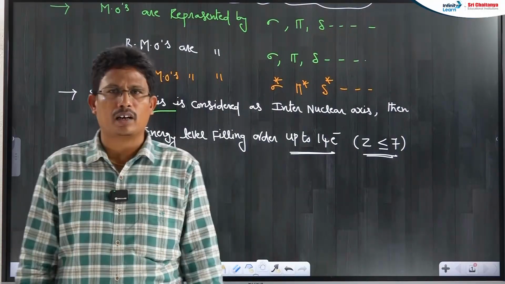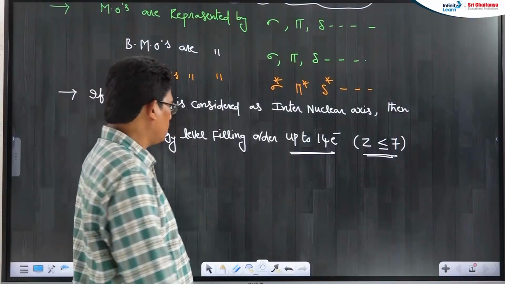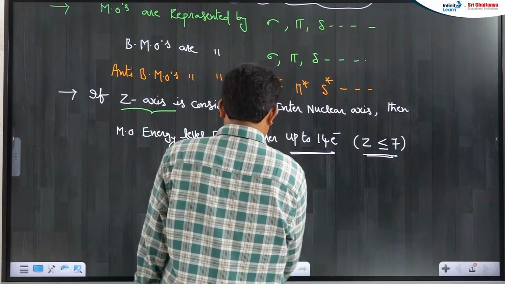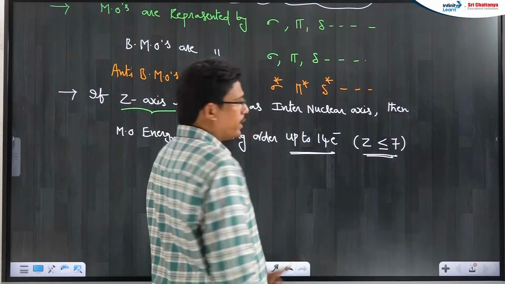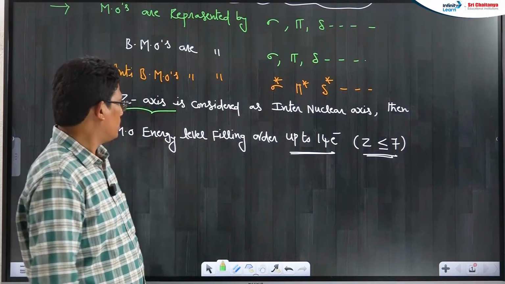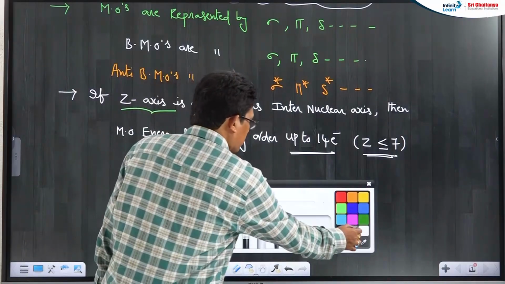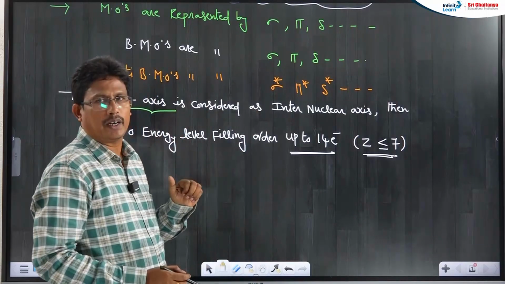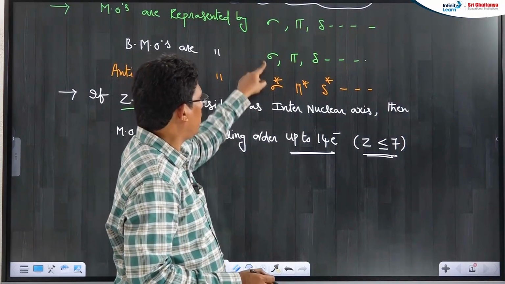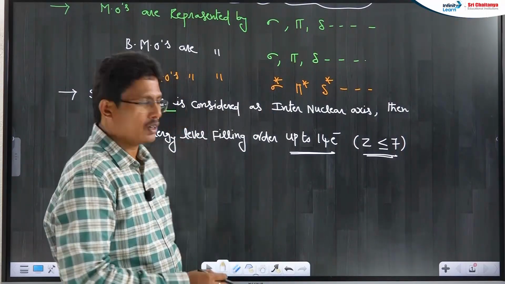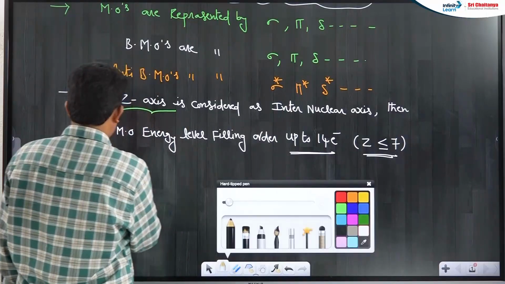Up to 14 electrons means up to the N2 molecule, the nitrogen molecule, because this configuration is important. While writing this configuration, first write bonding orbitals, next write anti-bonding orbitals.